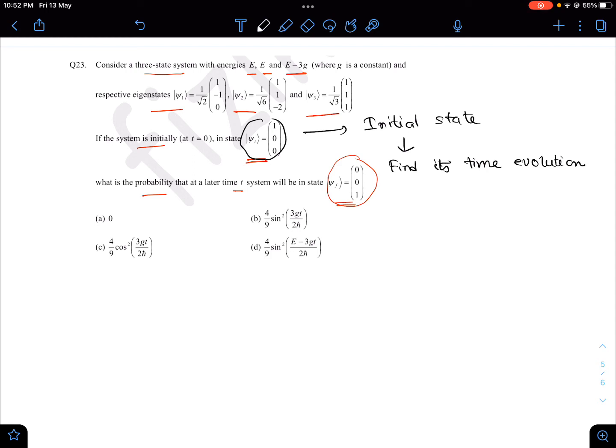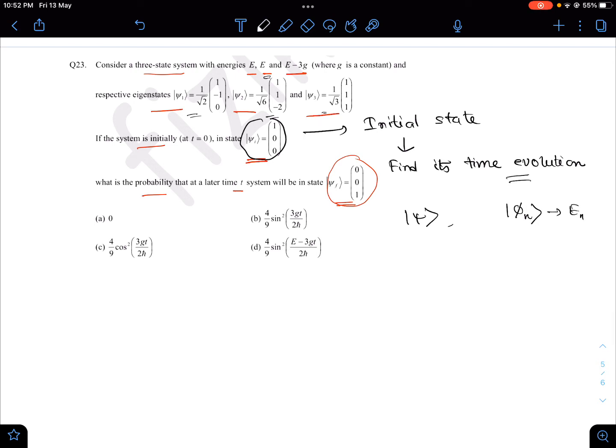What is the easiest way to find time evolution? We have our energy eigenstates given with their energy eigenvalues. Suppose we have a state psi and energy eigenstates phi n with corresponding eigenvalues En.